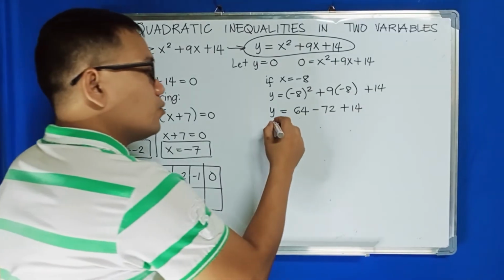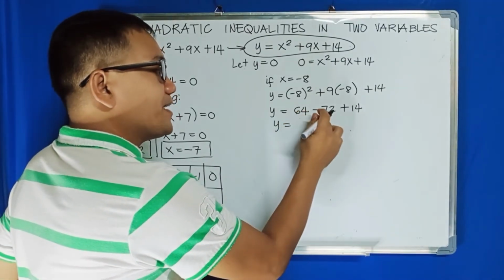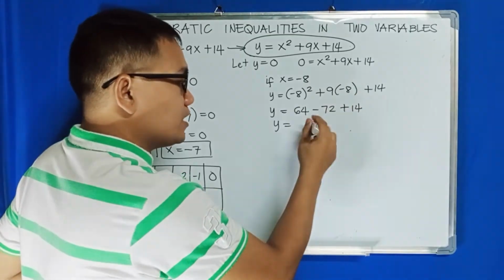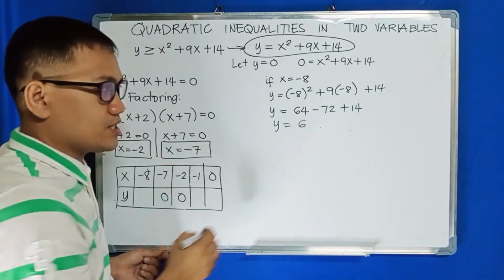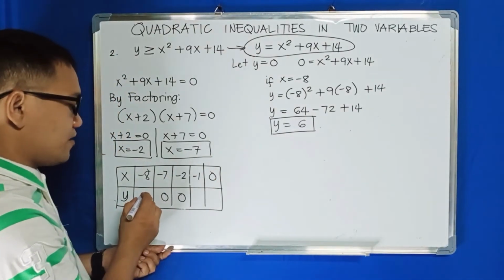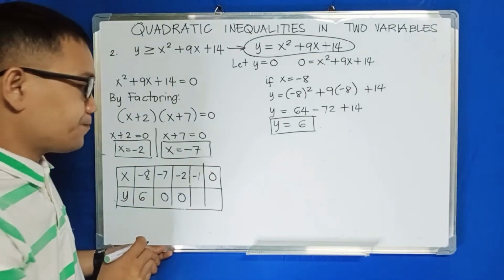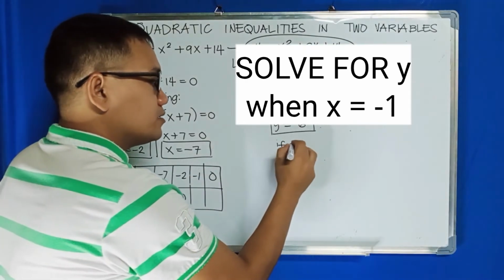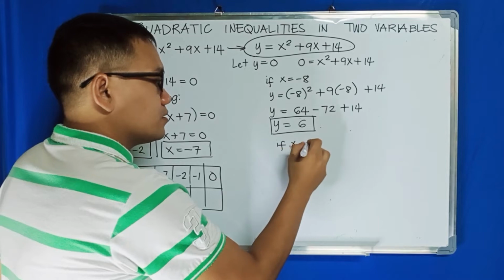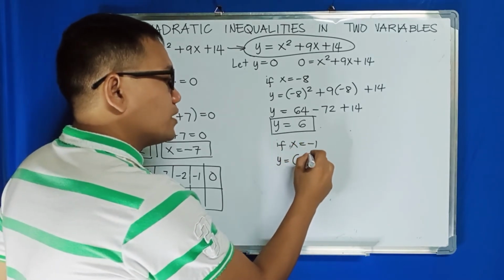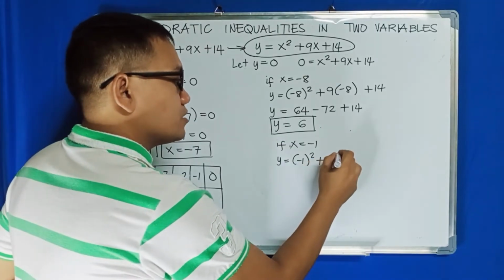To simplify, 64 - 72 is negative 8, plus 14 is positive 6. So the value of our y is 6 when x is negative 8. We will place 6 here. If our x is negative 1, let's determine the value of our y as we substitute negative 1 for x.